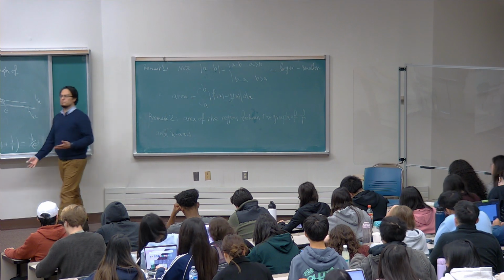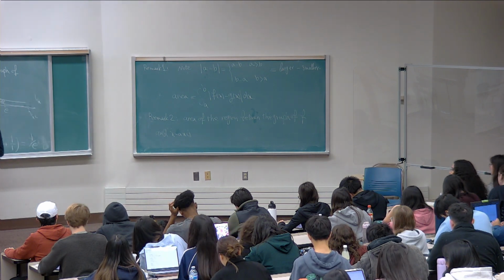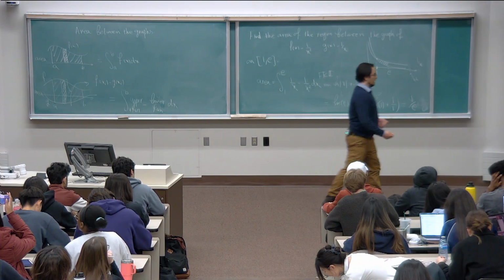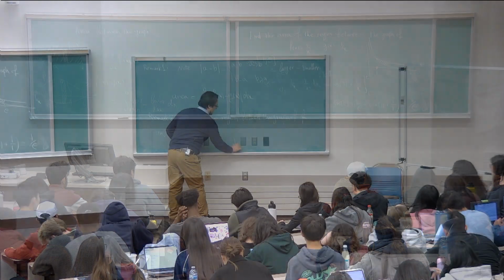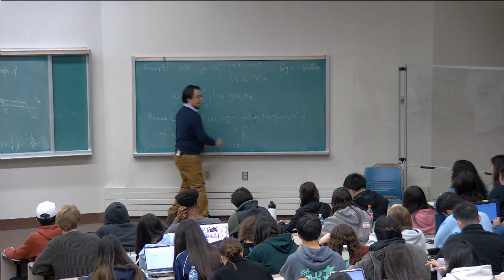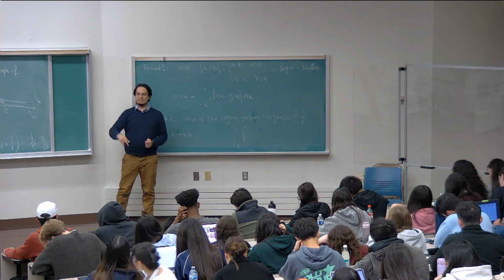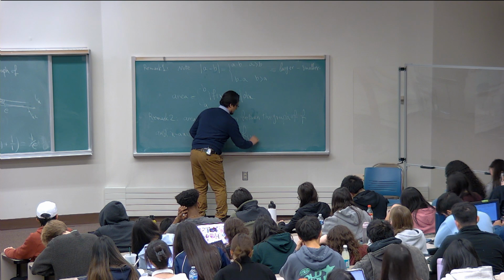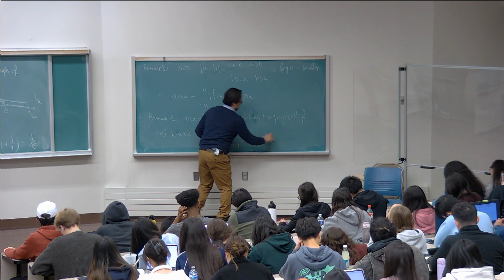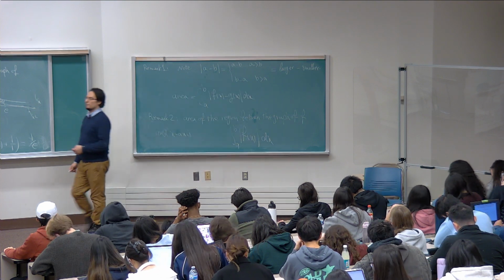If f is positive, we know that it's given by the integral of f. But if it is not, you just need to follow this formula. You write the integral from a to b of the absolute value of f of x minus 0. But minus 0, I don't need to write it down. So that's the absolute value of f of x.